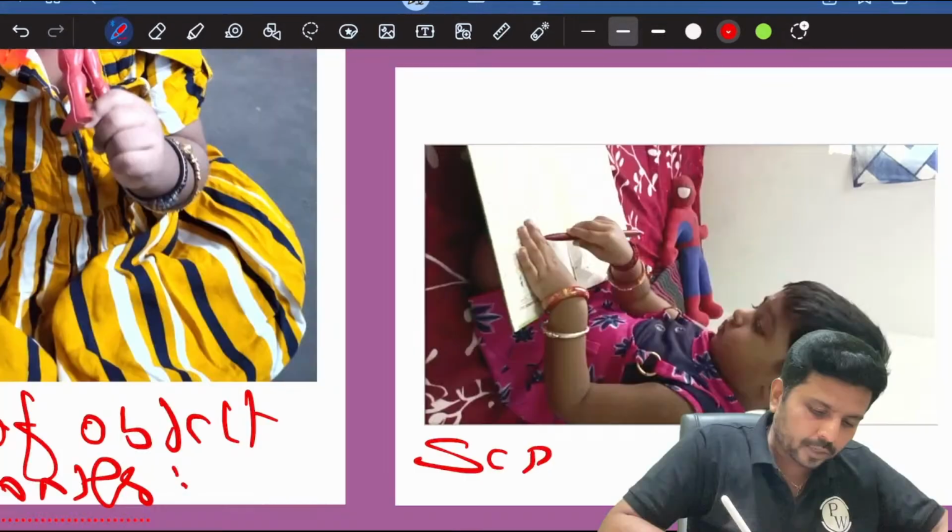So what is this? The child starts scribbling.